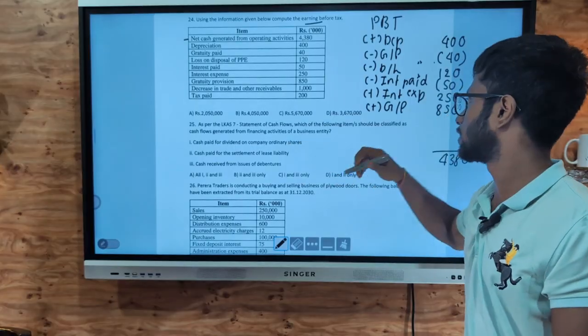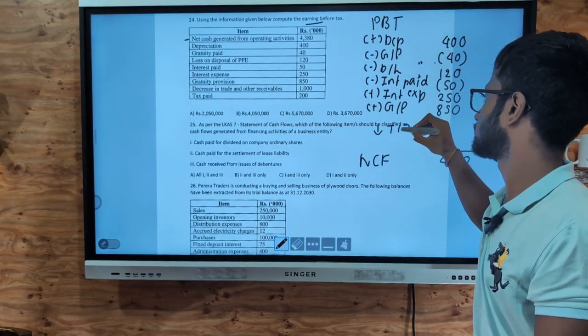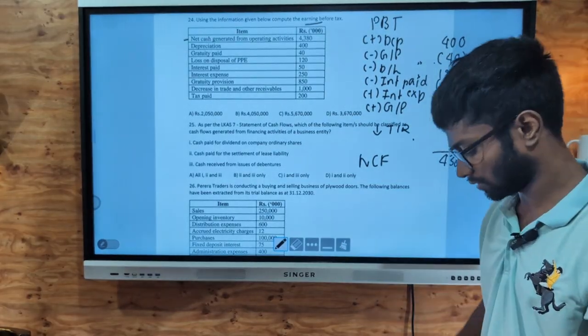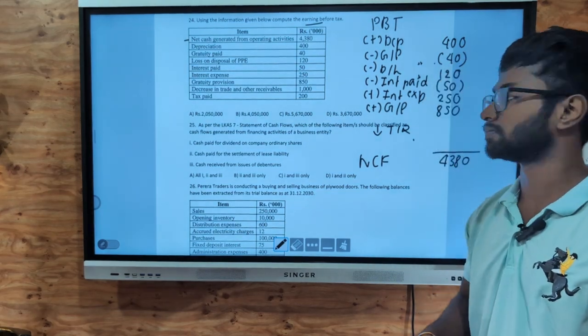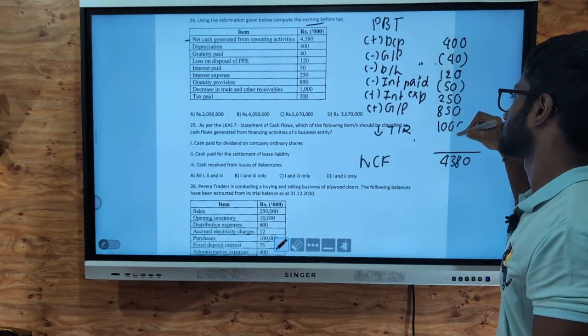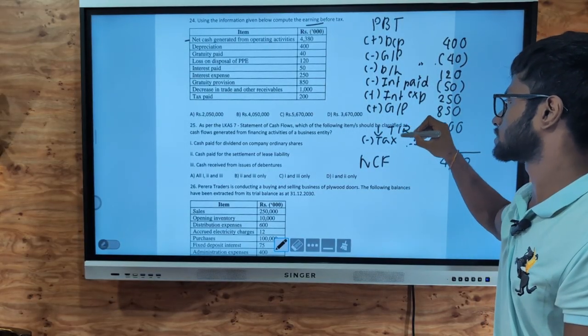Decrease in trade receivables. Now you know current assets go down, cash flows will go up by 1000. Tax paid, you deduct the amount of taxes we have paid.